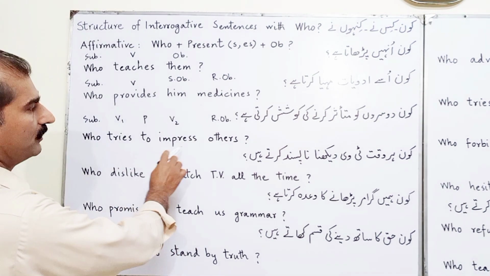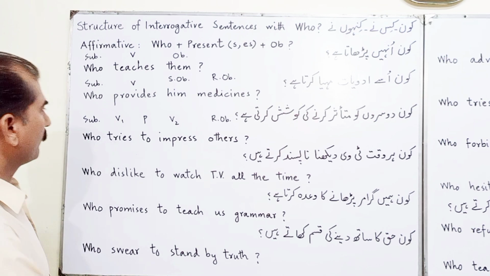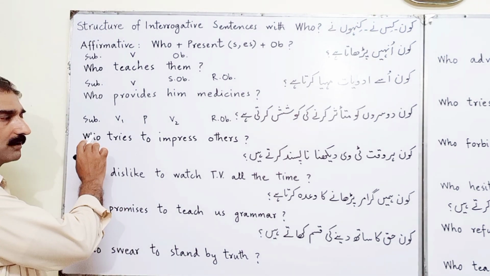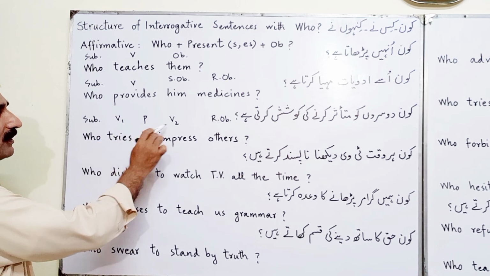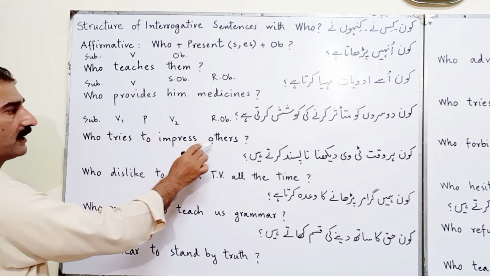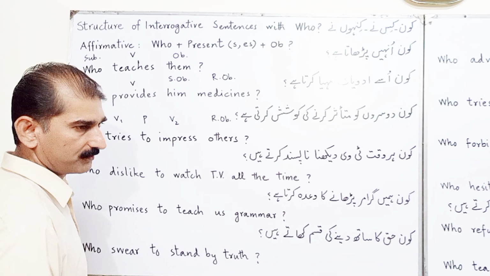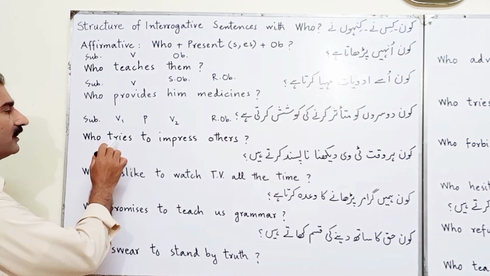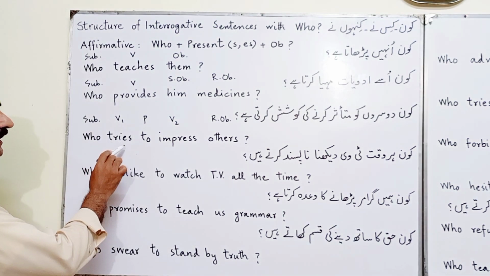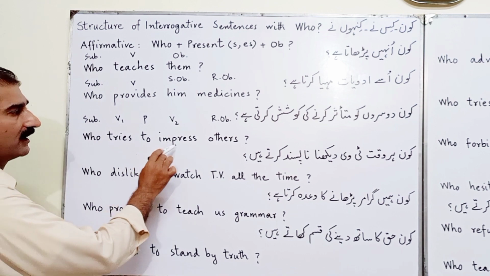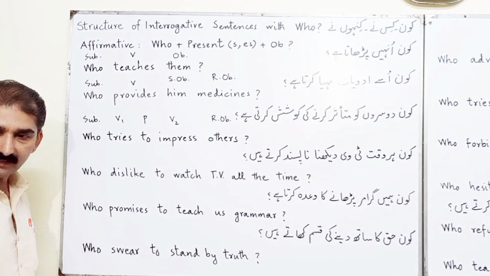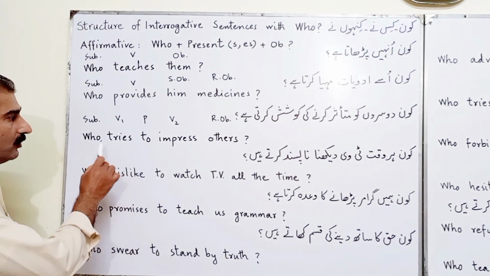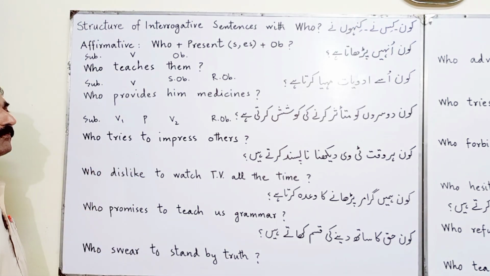Who will become the subject of the sentence. Tries is verb one, to is the preposition, impress is the verb second, and others is the real object over here. Who tries to impress others?